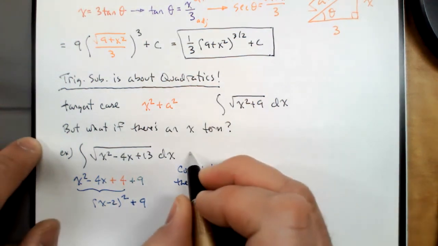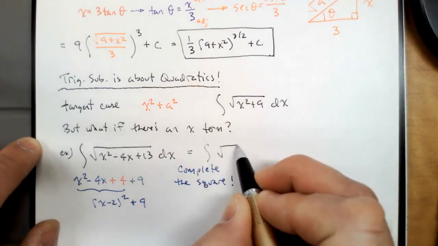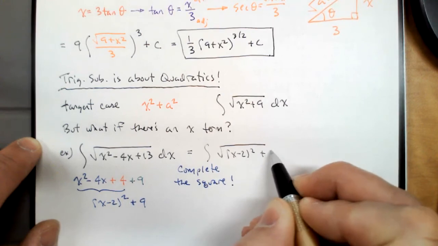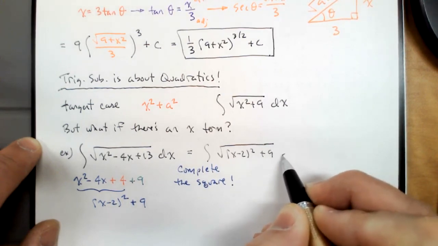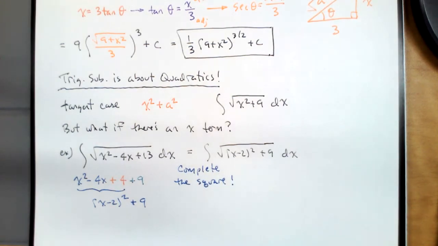So our integral is the square root of x minus 2 squared plus 9. And now we have the integral above x squared plus 9 just shifted 2 units horizontally. Now we can see the tangent case.